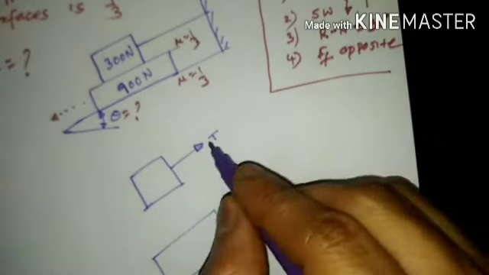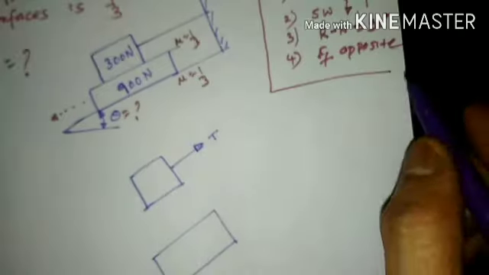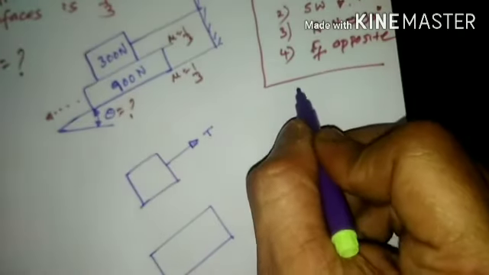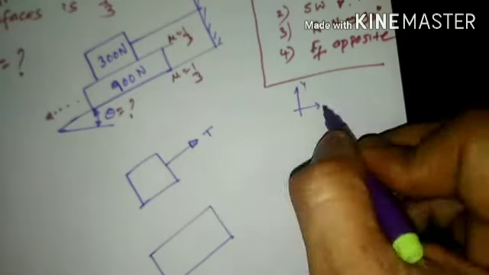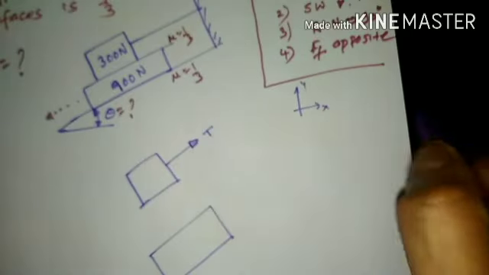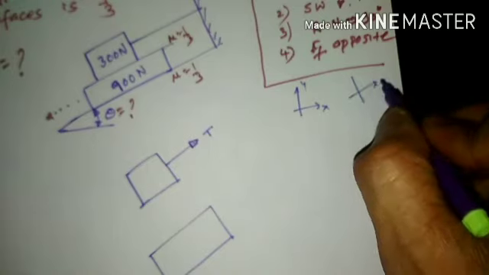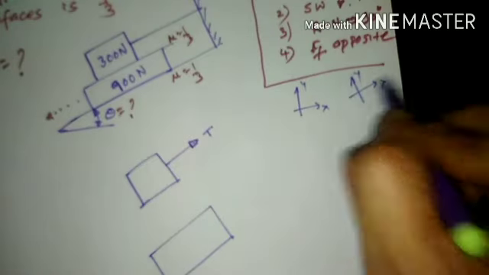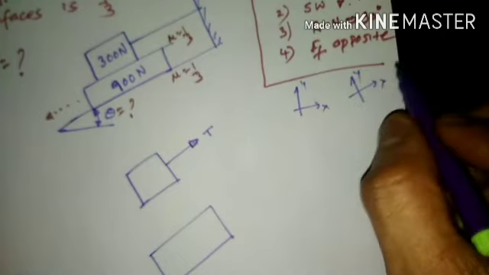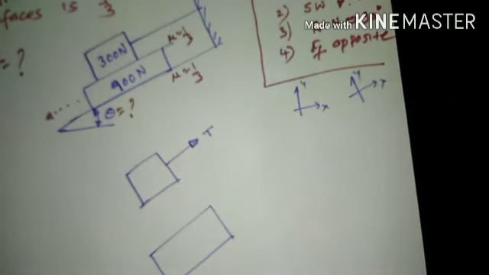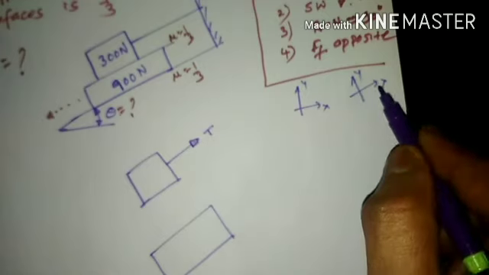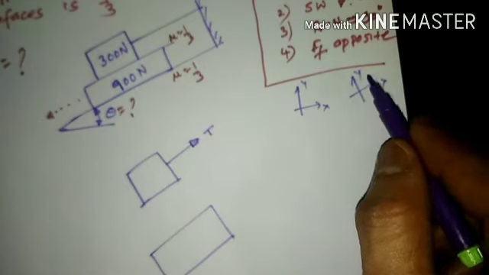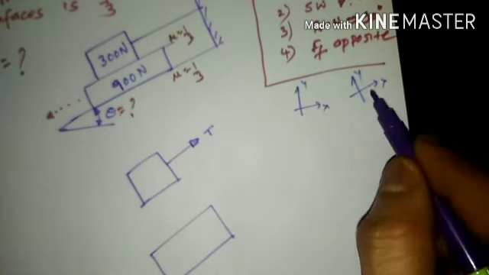Then next we need to show the coordinate direction. So coordinate direction can be shown in two ways. One will be the conventional x-axis and conventional y-axis. The other one is the inclined x-axis and inclined y-axis. Now here we shall prefer to have an inclined x-axis and inclined y-axis. The purpose behind that is, it is always better to show the coordinate directions along the direction in which the body tends to move.